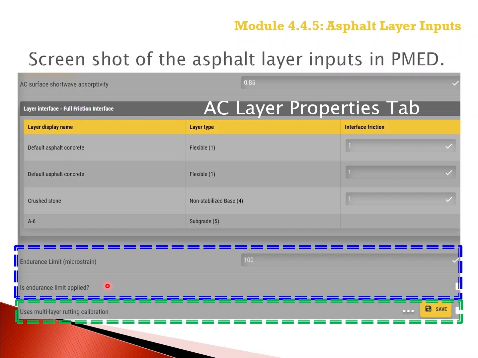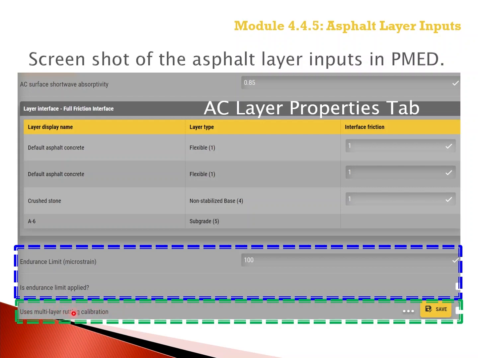The layer dependent rut depth calibration coefficient should be consistent with the calibration process itself. If the multiple layer rutting calibration coefficients were used in calibration, then they should be used in design.